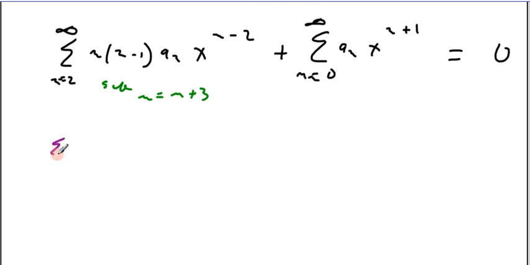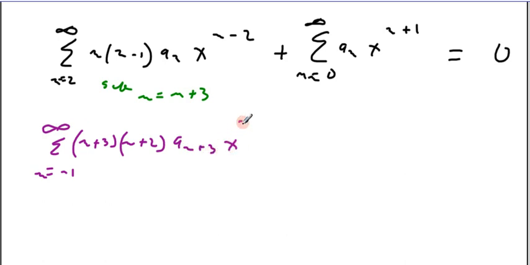Okay, summation n equals minus 1 to infinity, n plus 3, n plus 2, a_(n+3), x to the n plus 1, plus summation n is equal to 0 to infinity, a_n x to the n plus 1 is equal to 0.